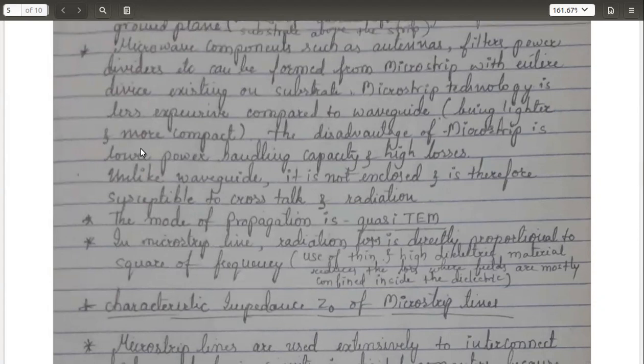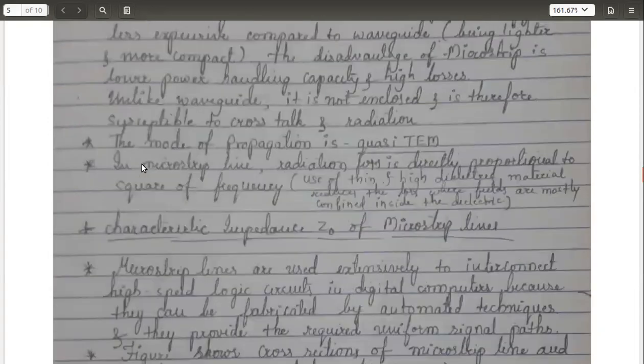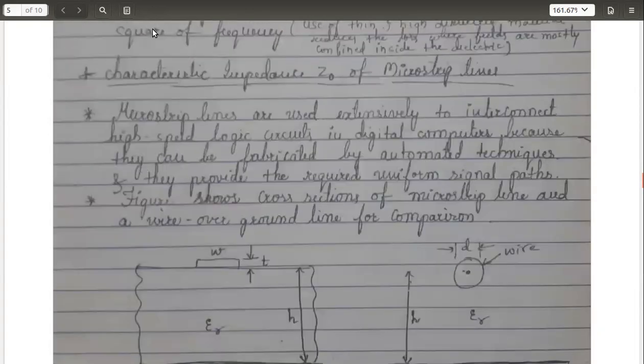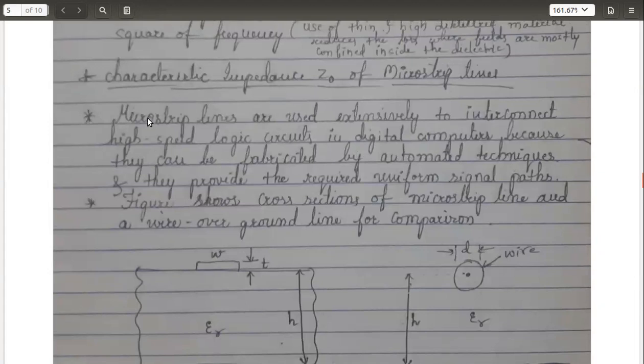Coming to the next one, the characteristic impedance Z0 of microstrip lines. We will have an expression for how to get the characteristic impedance of a microstrip line. If you have any doubts, you can ask me anytime. Microstrip lines are extensively used to interconnect high-speed logic circuits.